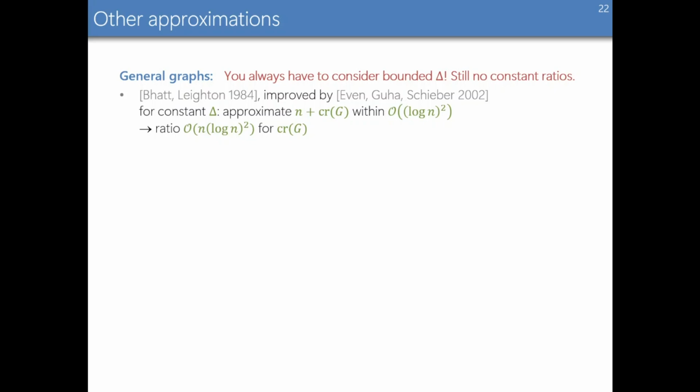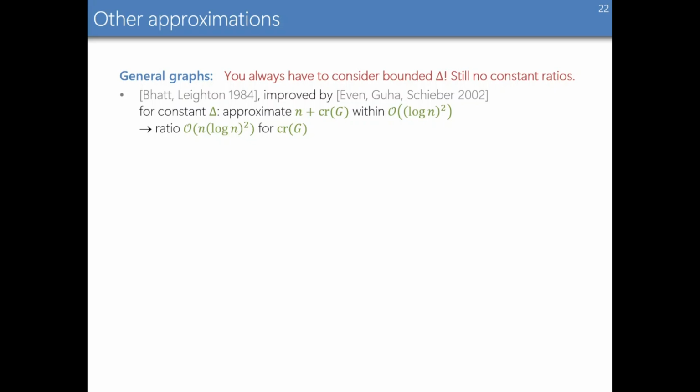So what other approximations are there, apart from those that we have talked about based on insertions? Well, there is a very old approximation, also from the mid-80s, where actually they did not approximate the crossing number, but the term number of vertices plus number of crossings. And they argued that this would be a reasonable thing because of application in VLSI design, full stop, believe it or not.